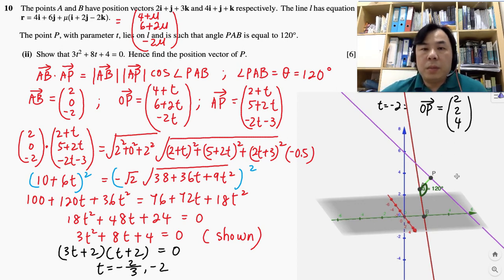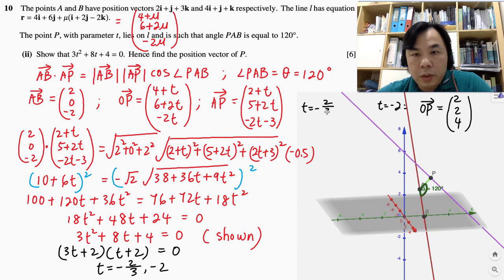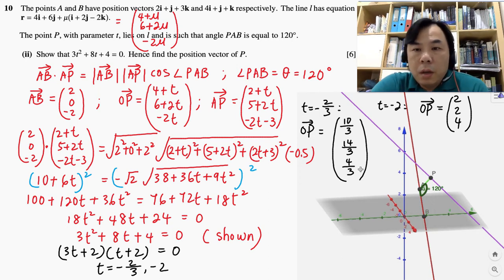Okay, now that will be my position vector, and then for t equal to -2/3, my position vector OP, all I need to do is just substitute this one here, 12. That will be 10/3, and then that will be 4, 14/3, and then finally I will have 4/3. Okay, just let me quickly check this through in this case.